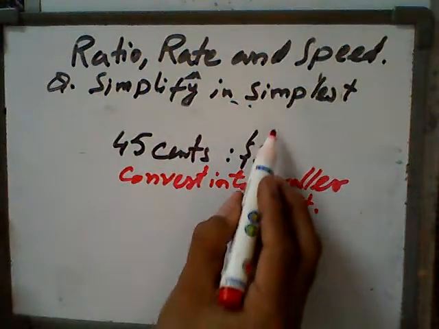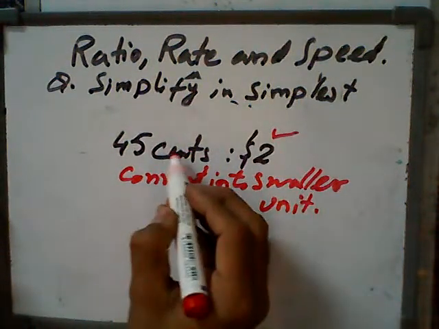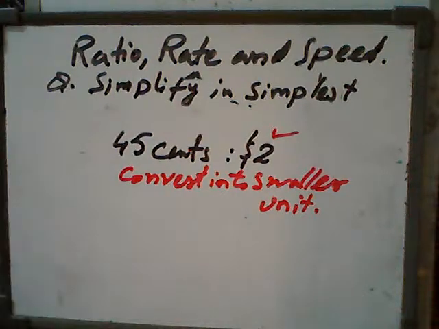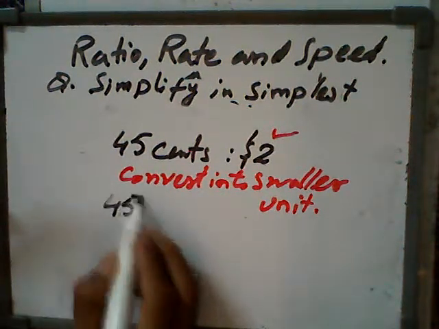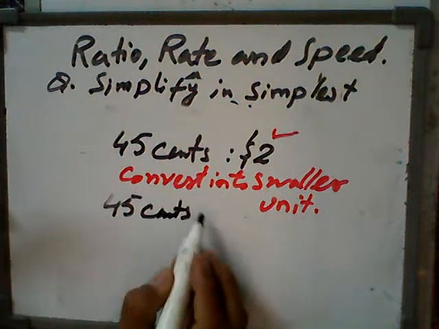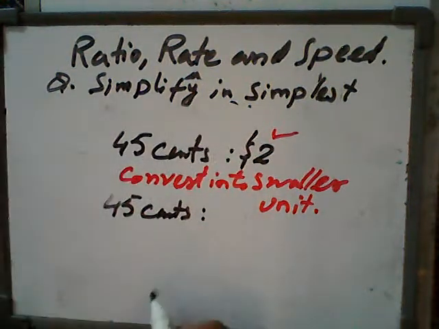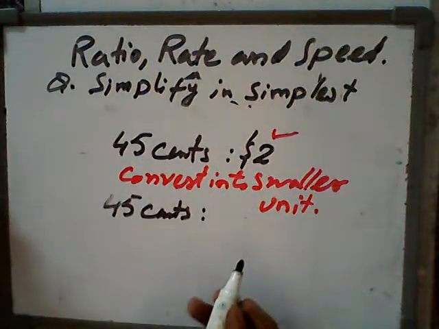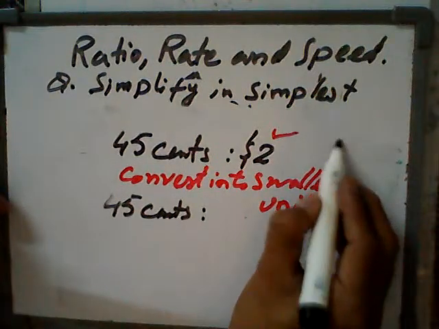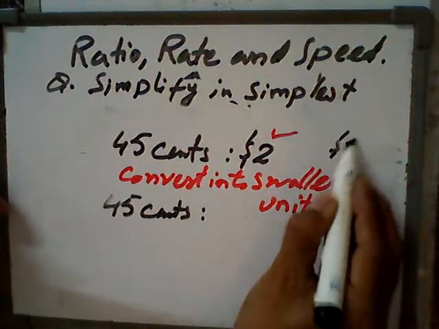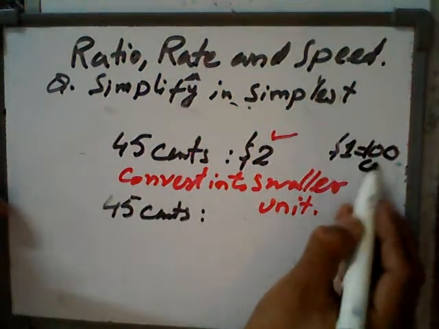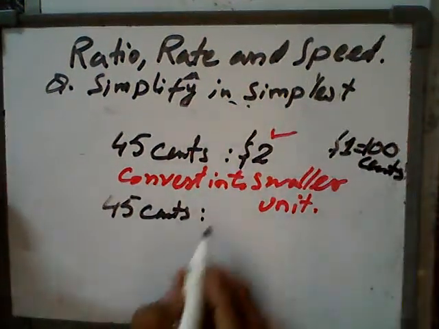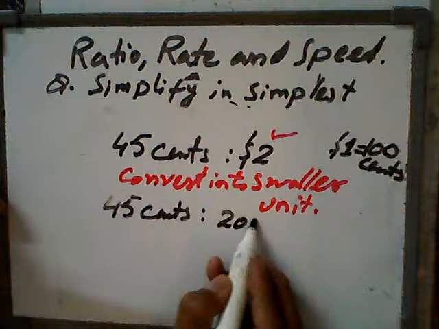This is already smaller, so we'll be writing the same here. 45 remains the same. But how many cents in $2? We know that there are 100 cents in $1. $1 is equal to 100 cents. So $2 means 200 cents.